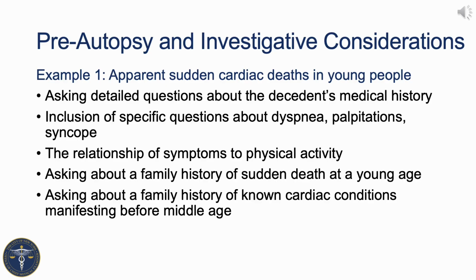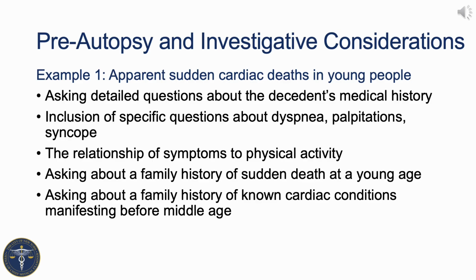I'm going to take you through some examples that underscore how important the investigative components are when approaching molecular genetic testing. So in the first example, we're going to talk about an apparent sudden cardiac death in a young person. And for this, it's really critical that the medical legal investigator ask detailed questions about the decedent's medical history.